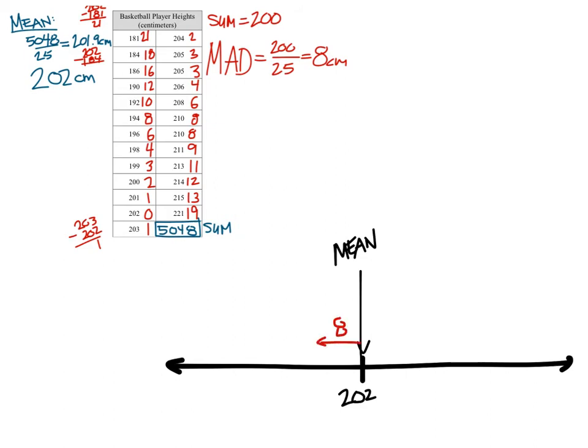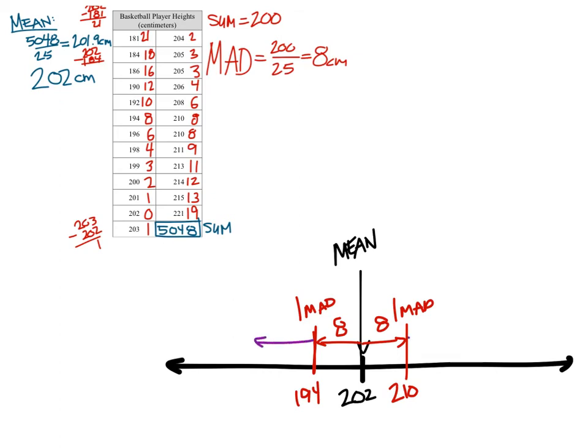So I'm going to take 202 minus 8, which puts me at 194, the first mean absolute deviation. But I'll go 8 to the right as well. Right is the positive direction, so 202 plus 8 puts us at 210. So again, we would describe this as the normal range.